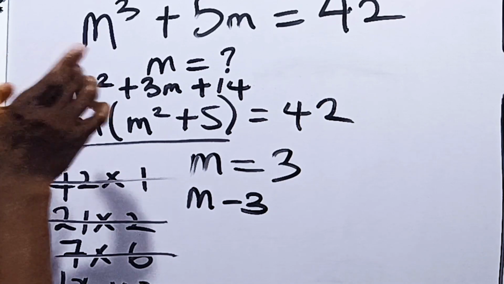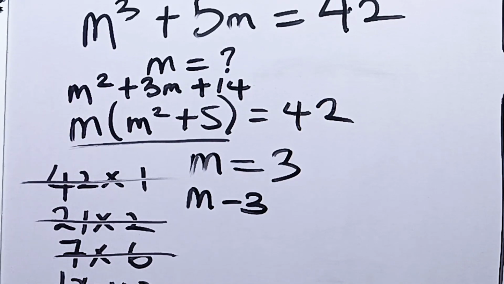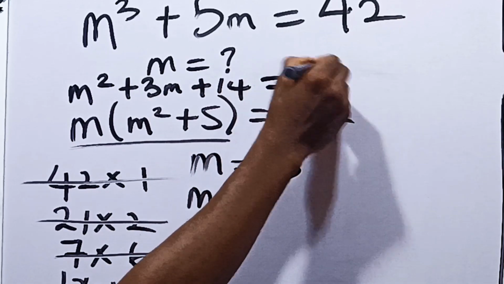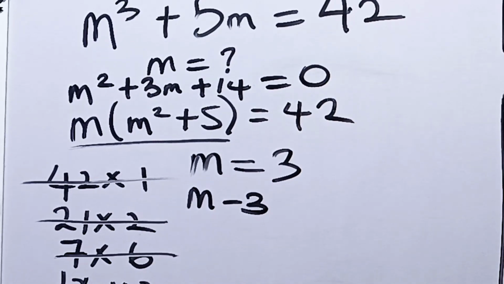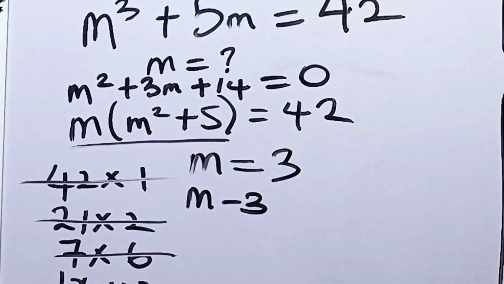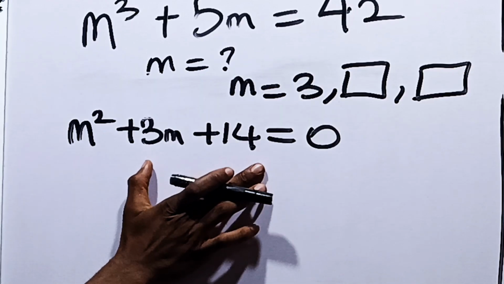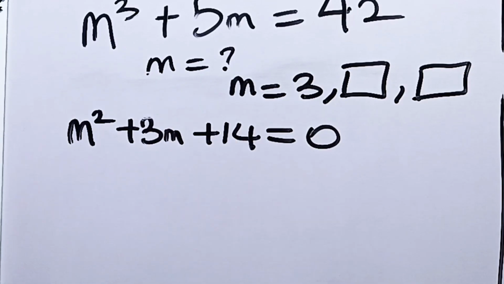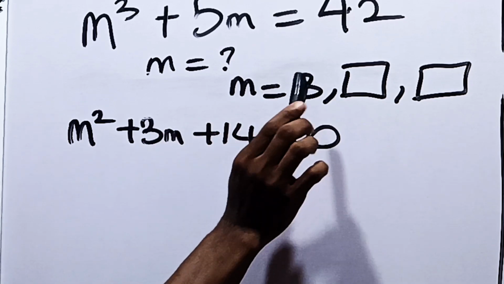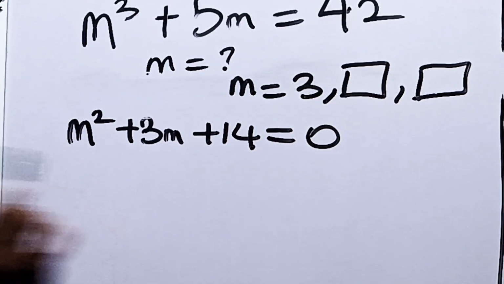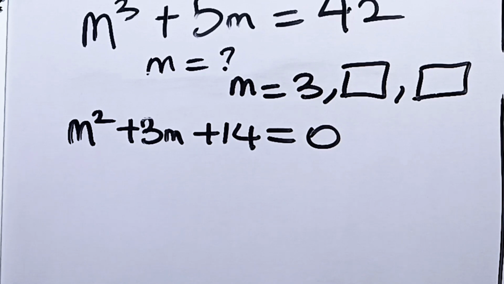We're going to find the factors or the zeros of this quotient. So we equate this to 0 and find the zeros of this quotient, and then those are the remaining answers for this. So these are quotients from the division. Okay, we've equated it to 0 because we're going to find the zeros of these quotients. Now we have that m is equal to 3. We're going to find 2 remaining answers for this equation. Okay, let's do that now.